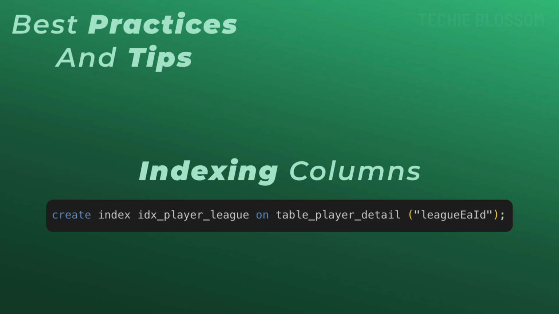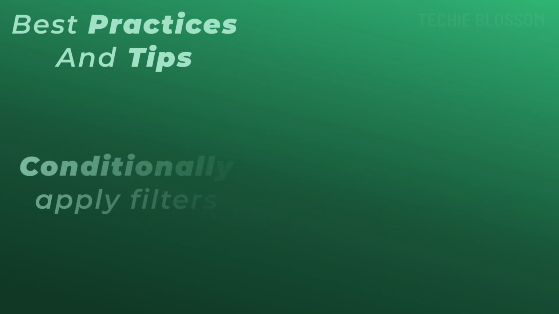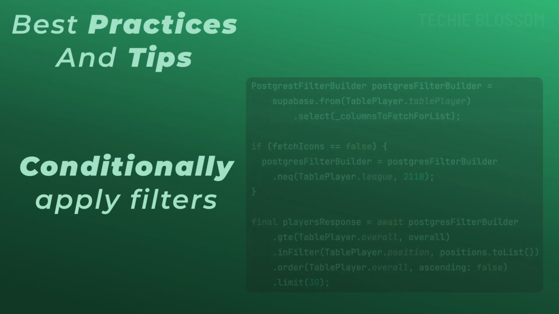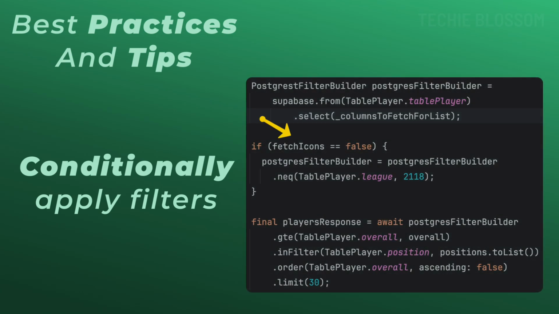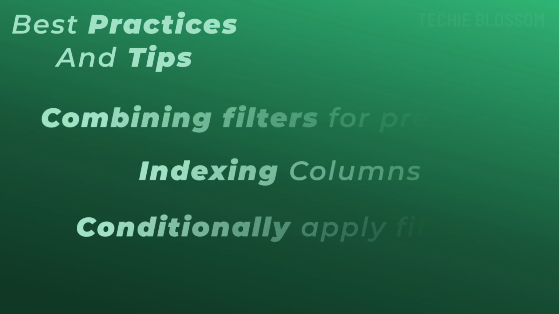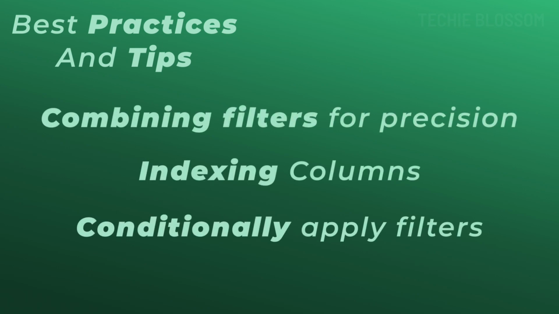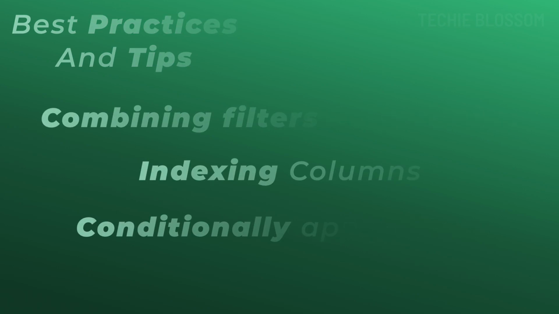If you are filtering by a specific column like club ID, status, or genre, make sure it's indexed in your database for faster queries. Third is conditionally applying filters. In cases like the hide icons toggle, conditionally apply the not equal filter based on user preferences to create dynamic and responsive queries. By combining these steps, you can ensure that your app is both efficient and user-friendly.